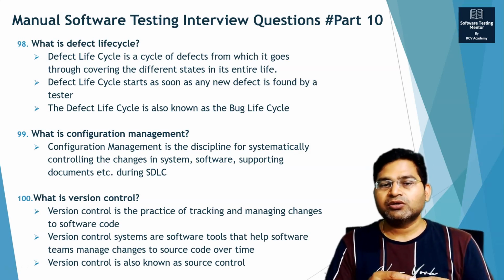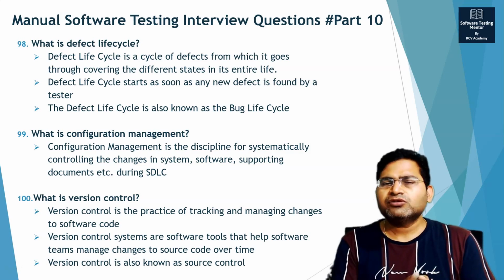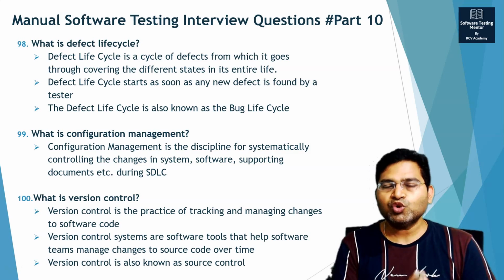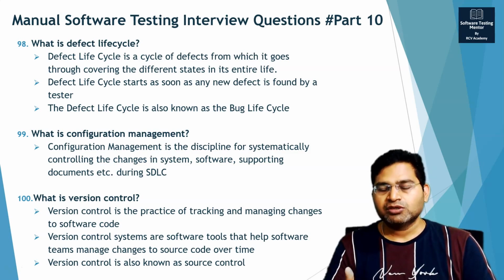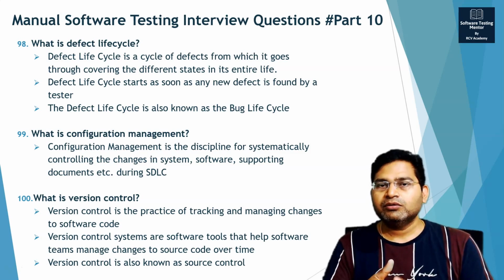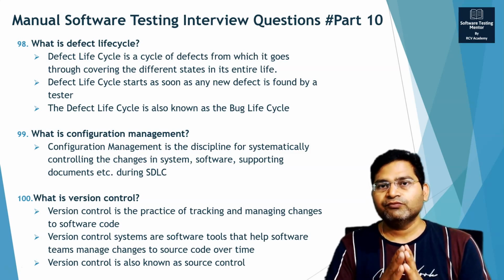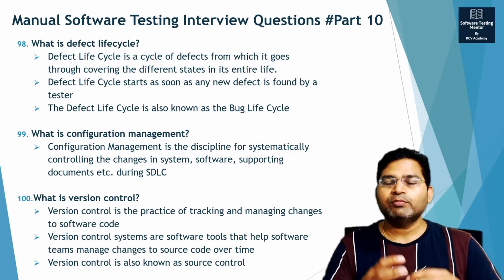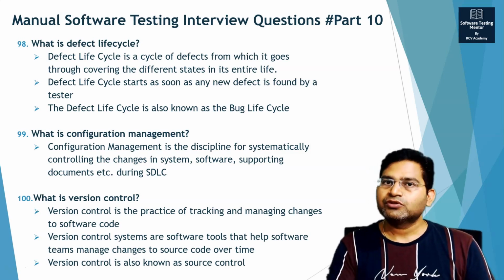Now when we say version control, it's not very specific. It's not just specific to the code, but because version control is very heavily used by software developers, that is why Git, Bitbucket, GitHub, all of these are version control systems, and they are used to manage and track changes in the software code.